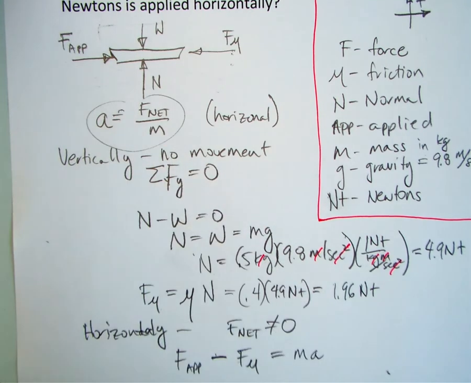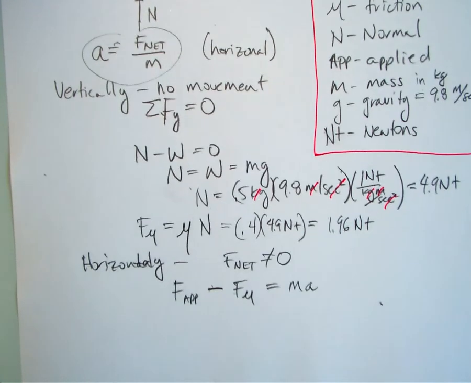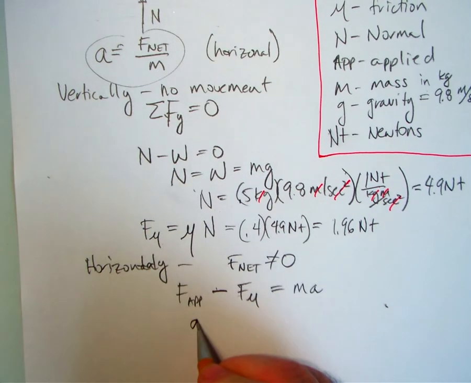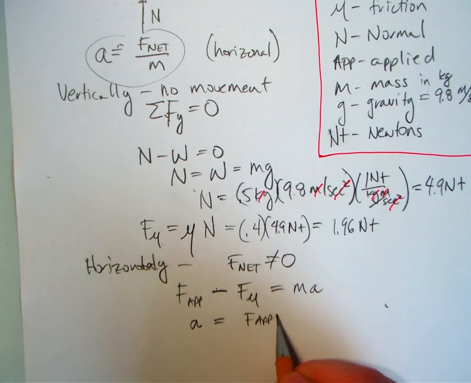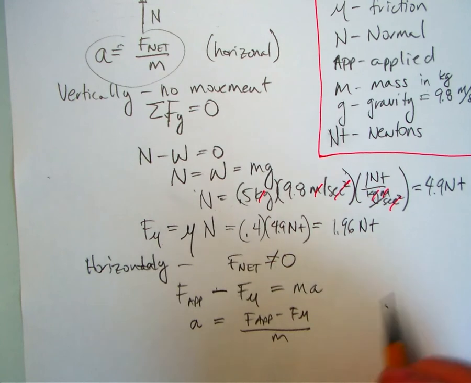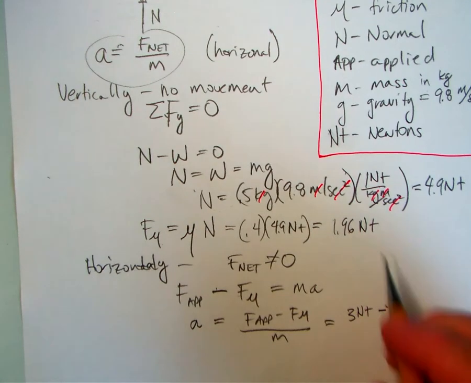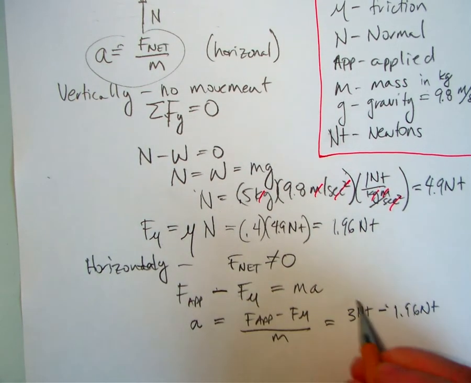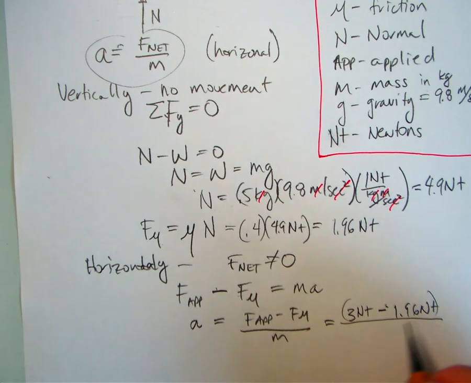Okay. So to solve for acceleration, just going to say applied force minus the friction force divided by the mass. The applied force is 3 newtons minus 1.96 newtons, and all of that is divided by 0.5 kilograms.